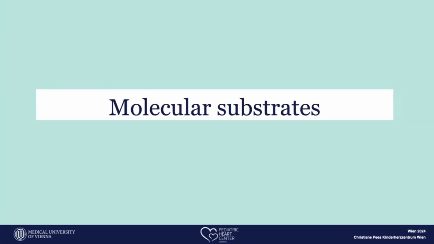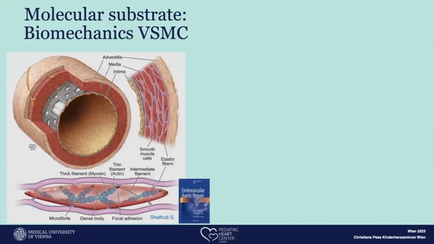I just wanted to show you why all the syndromes resemble each other so much. We come a little bit to the molecular substrates. You see the aorta here on the left side, which is a three-part vessel with the inner layer, the intima, the media, and the outer layer, the adventitia. And we will focus on the media, where most of the genetic problems will be caused.